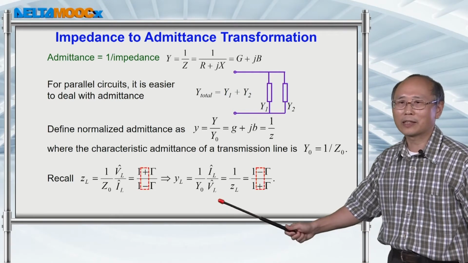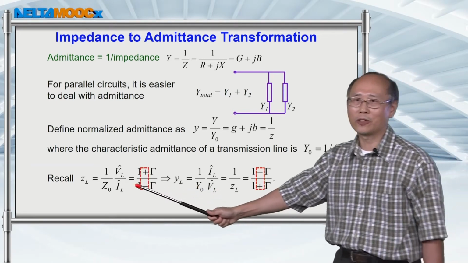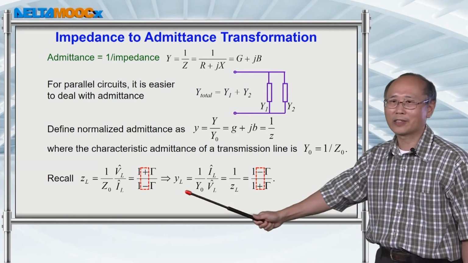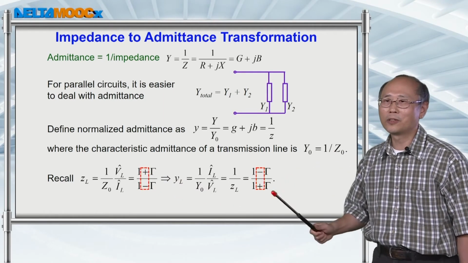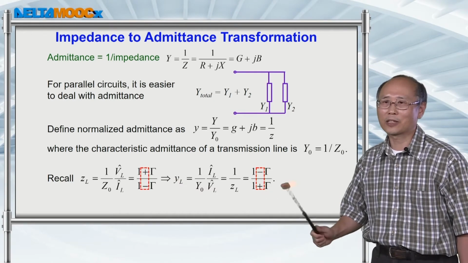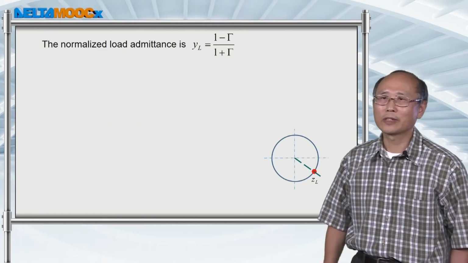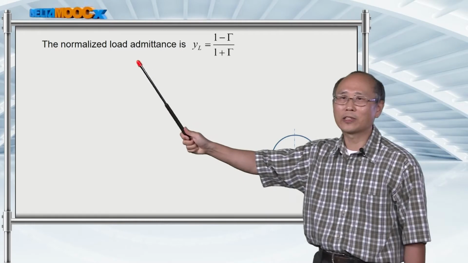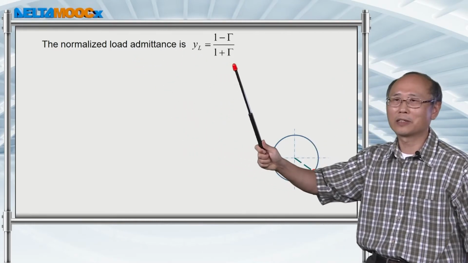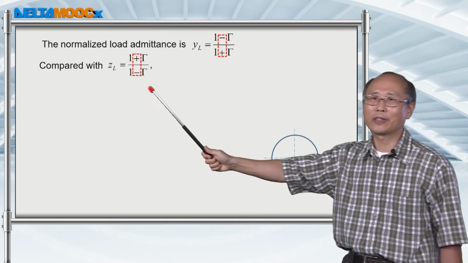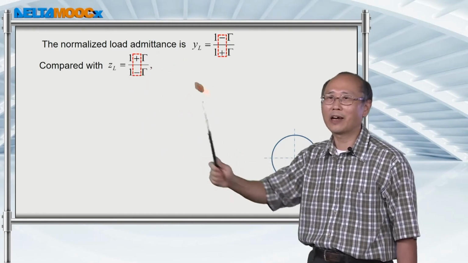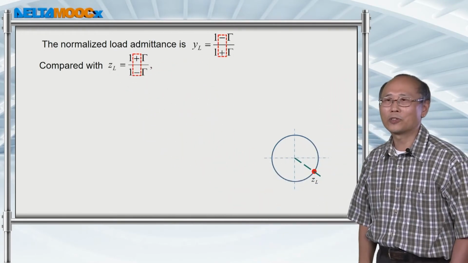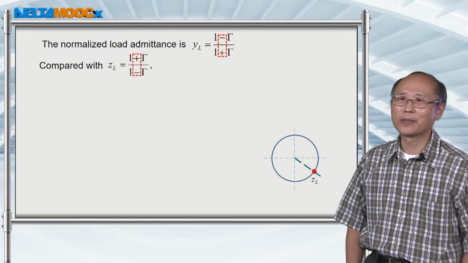You notice that the only difference between these two expressions is that you flip the plus sign and minus sign. So now we have a normalized load admittance like this, and compared with the normalized load impedance, you have this sign reversal on these two expressions.